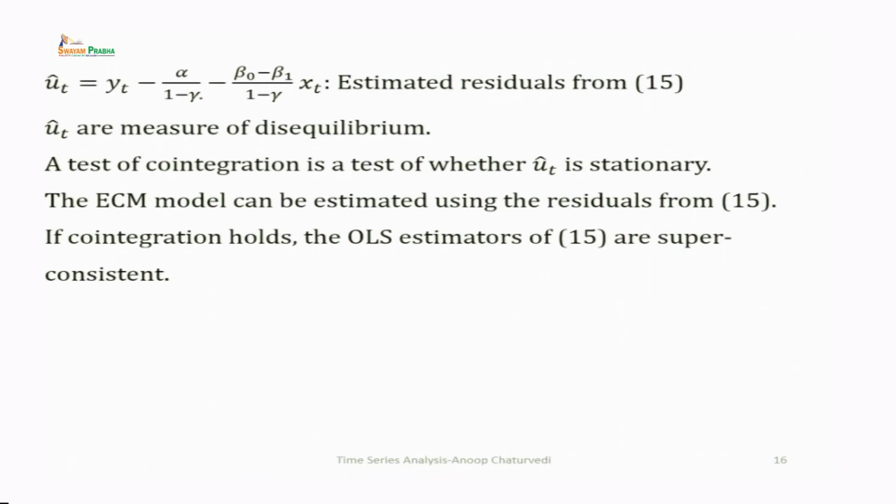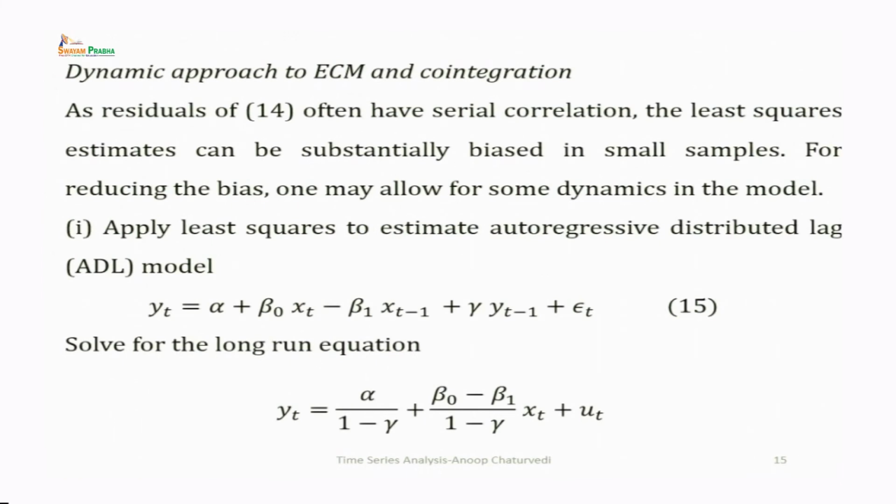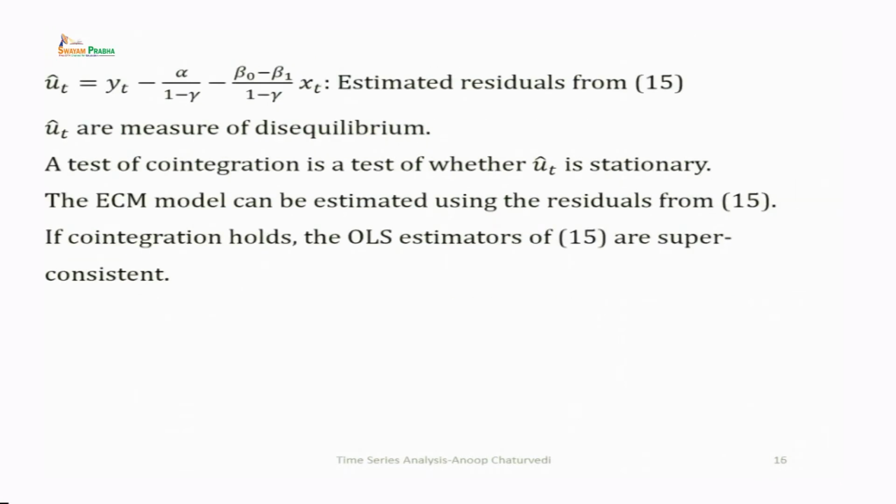Then u hat t is the estimated residual from equation 15. Now, you are estimating equation 15, you apply OLS to this equation and then you calculate the residuals. These u hat t are the measure of disequilibrium, just like the previous case.